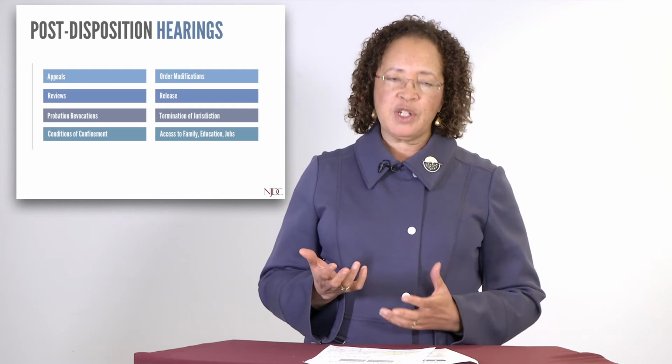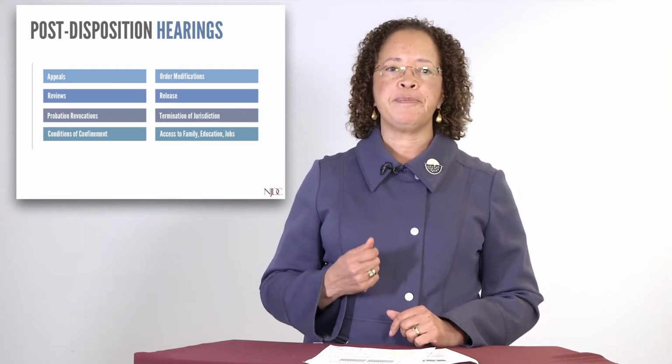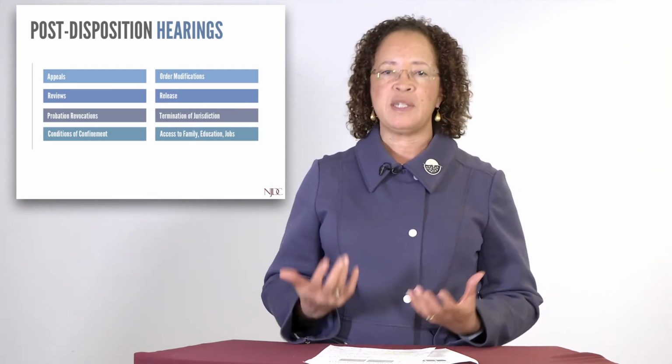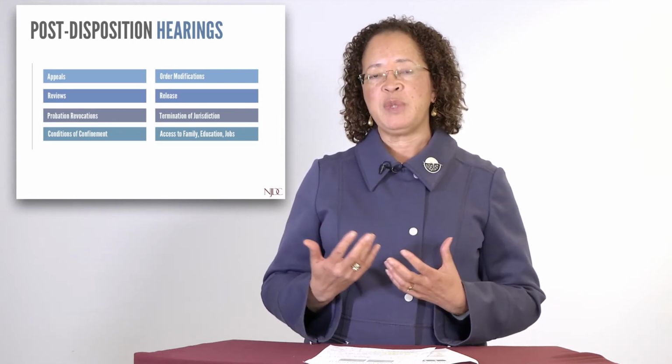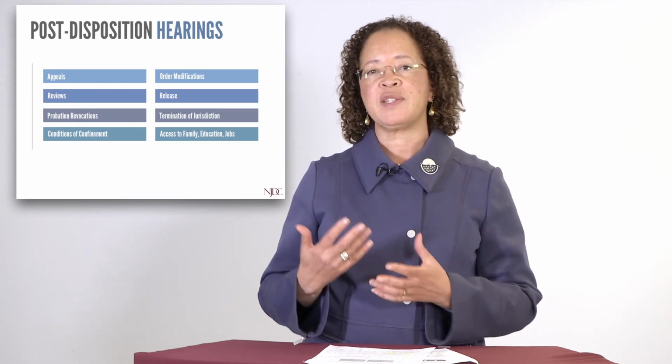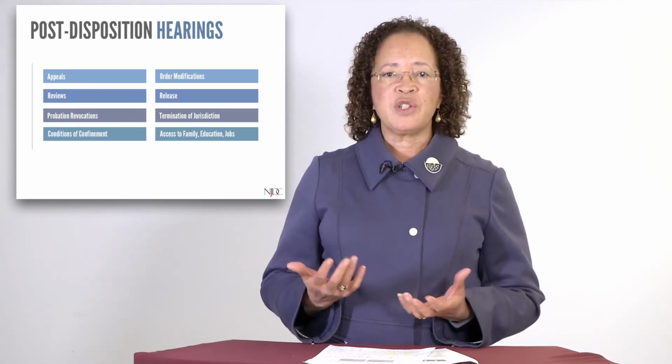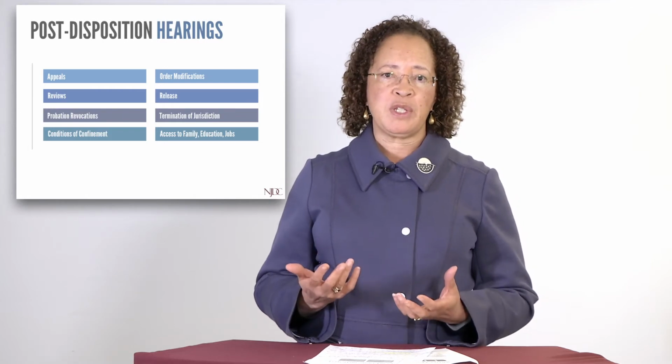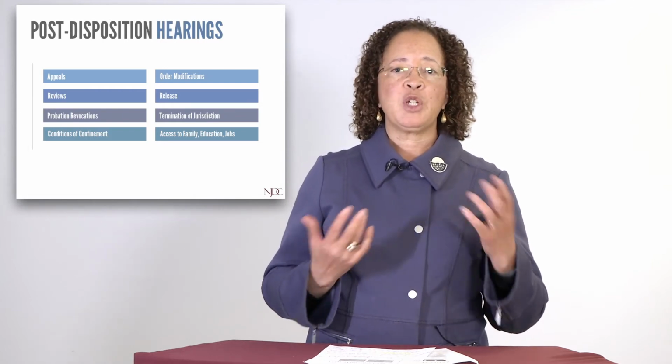And in terms of conditions of confinement, certainly there are youth who need to be confined, but we have to recognize that when we are making that decision as to which youth need to be confined, what is it we are sentencing them to? What are the conditions of confinement that we're exposing them to? We've talked about peer influence.